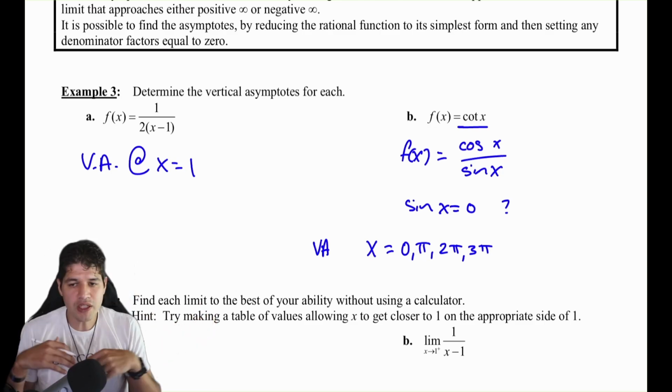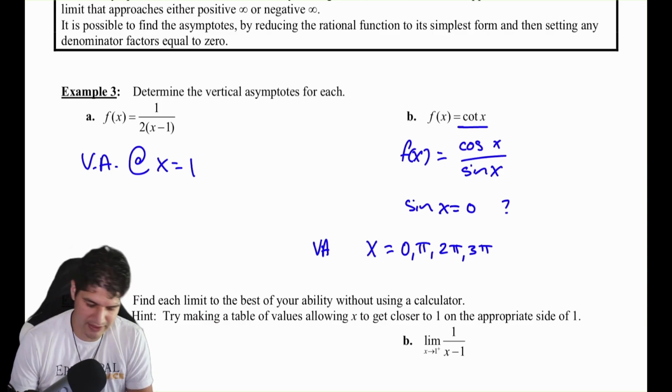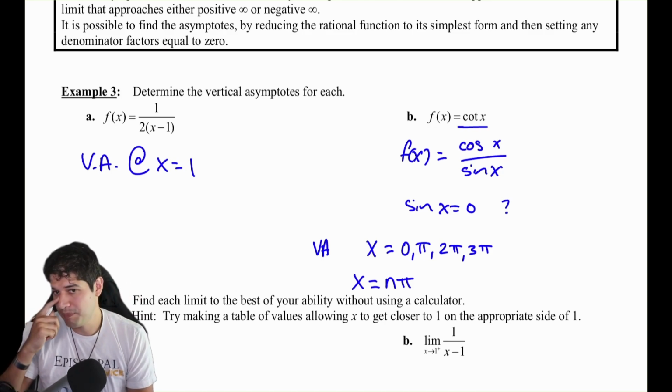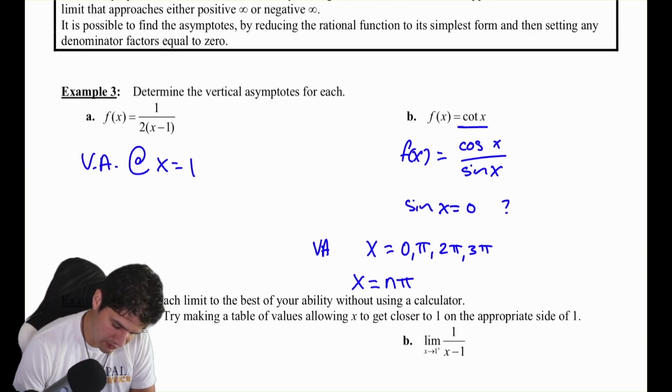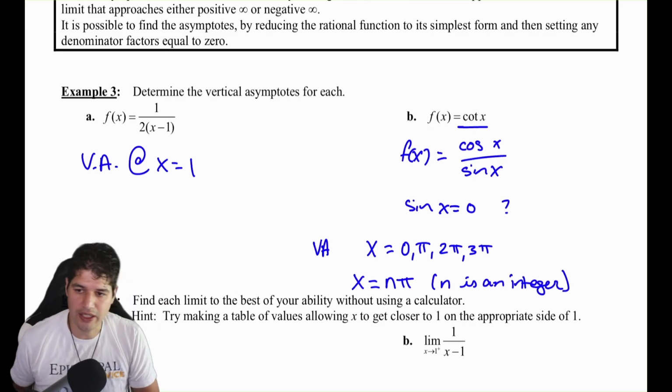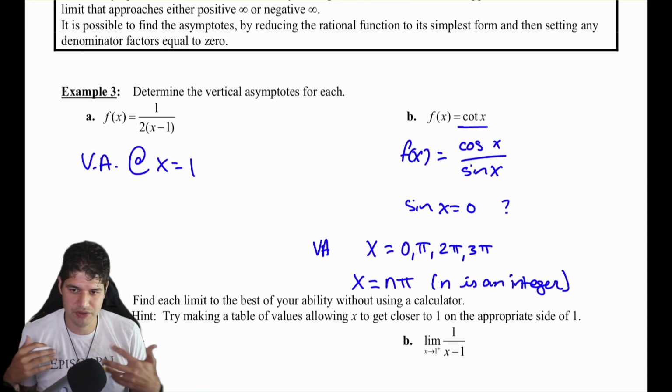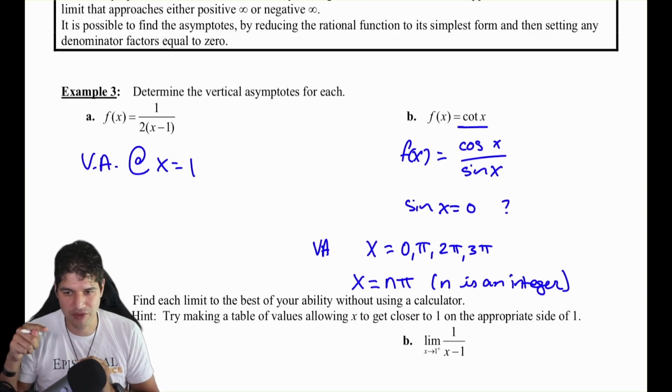So the way we're going to express this is when x equals any integer times pi. So let's clarify that: n is an integer. These are things we're going to want to keep in mind about all of our trig values. And remember, our unit circle goes in reverse as well.